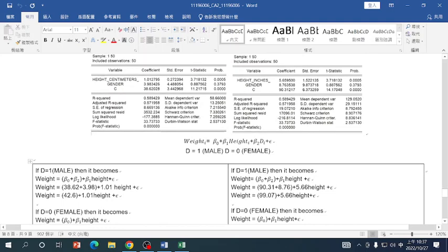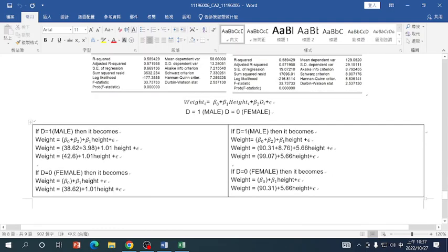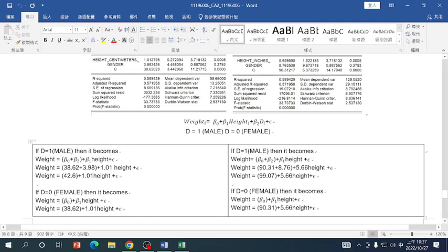We had the two equations, to see what will happen if it is 1 and 0, and we can see that the weight of male is higher than female, because when the gender is 1, which is male, there is a 3.98 increase in the weight. Therefore, when D equals 1, which is male, the weight will be higher. For female, as it is 0, there will not be any increase in the weight in our equation.